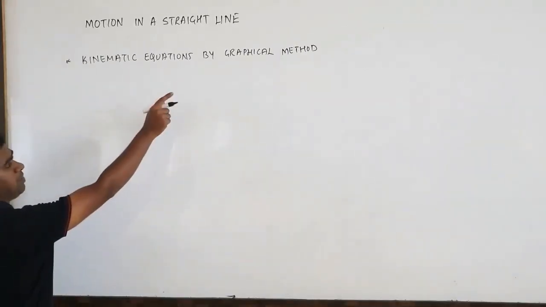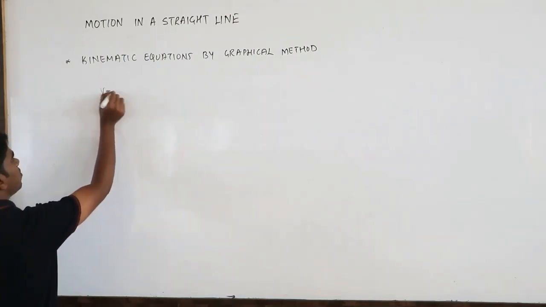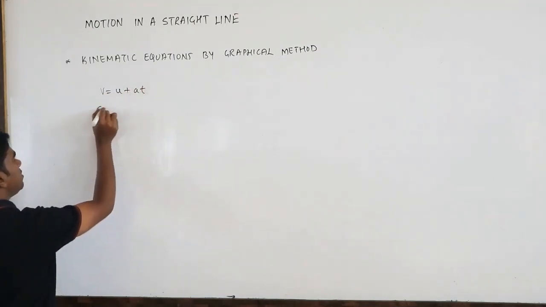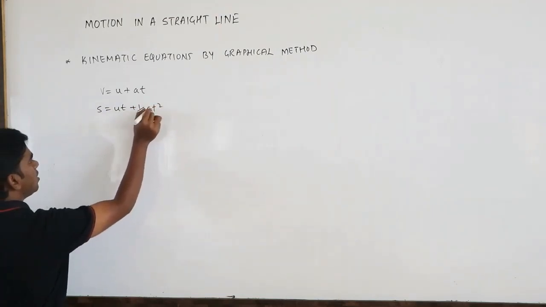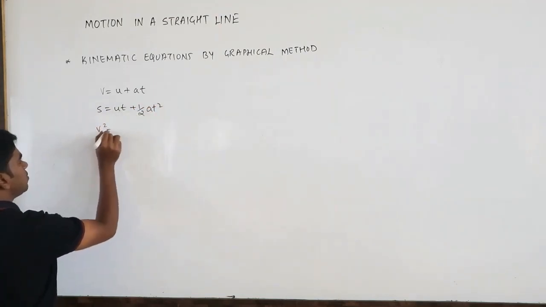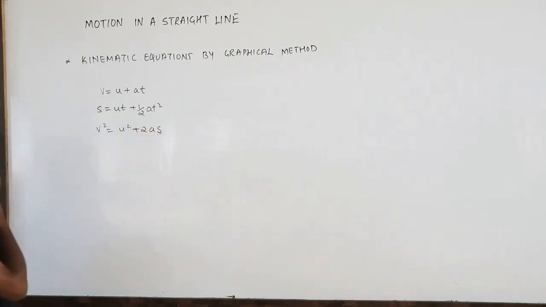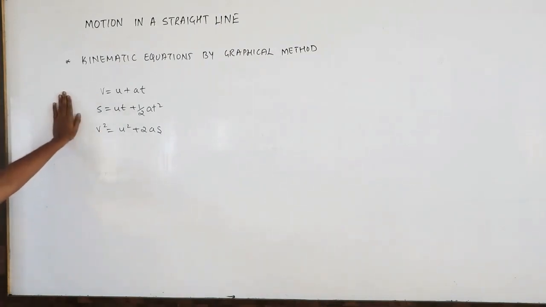So we have derived all these three equations by graphical method. So first equation we got was v equals to u plus at, and second equation we got s equals to ut plus half at square, and third equation we got v square equals to u square plus 2as. Okay, so they ask any two or all three for 5 marks in your board exams.